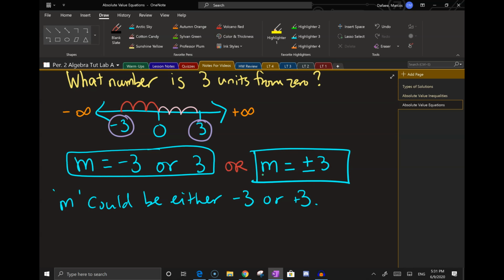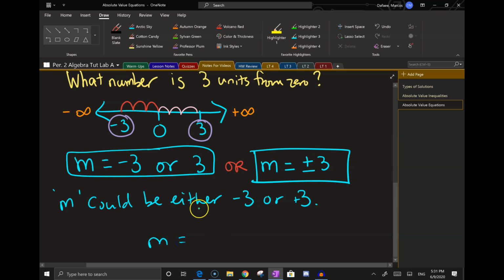For example, if you had an answer that said this could be 5, or it could be -6, then you couldn't combine them the way we did with positive and negative 3. You couldn't do, for example, plus or minus 5 or 6. That would be wrong. You'd have to simply write them as two separate answers.